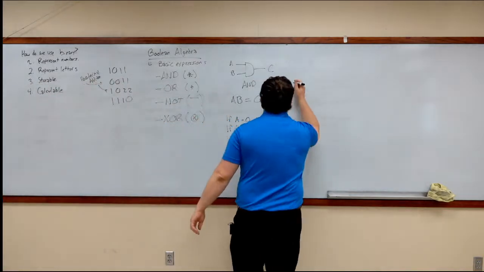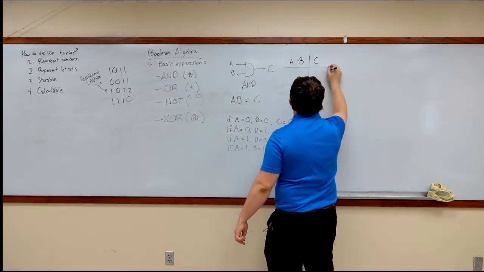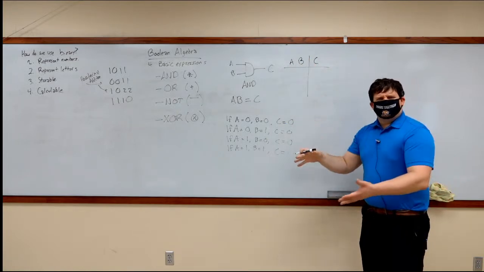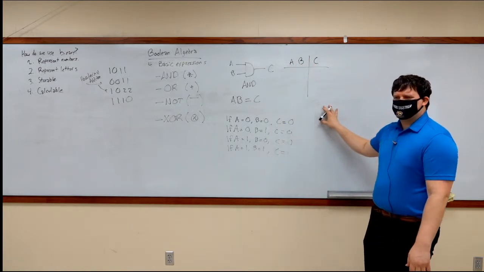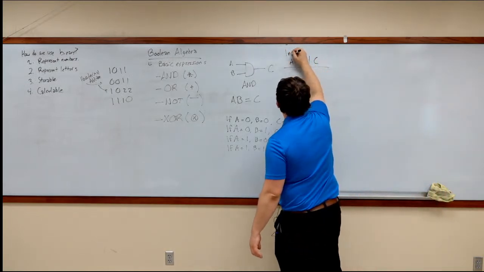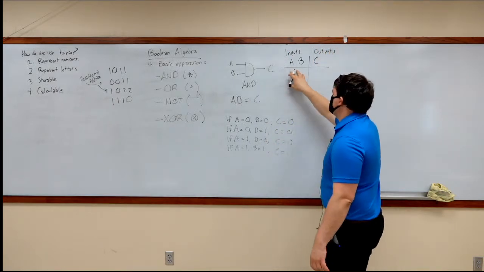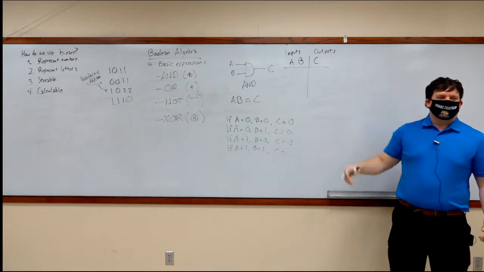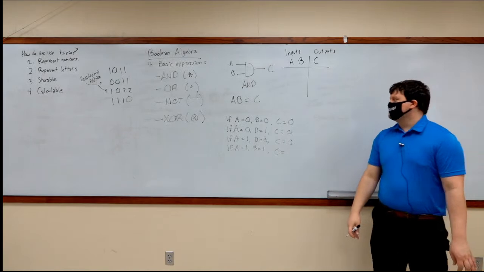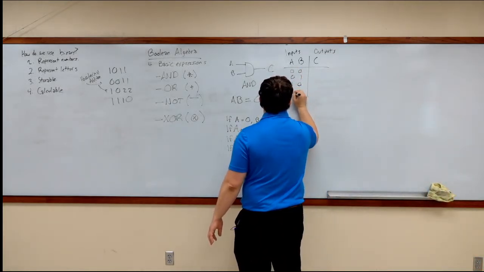So the simpler way of writing it is A, B, C. We draw a line here to represent that these are the things we put in, and these are the things we put out. So this is inputs and outputs. Here, because we only have 2 inputs, that means we have a total of 2 to the second options that we can get out of here: 0, 0, 0, 1, 1, 0, 1, 1.